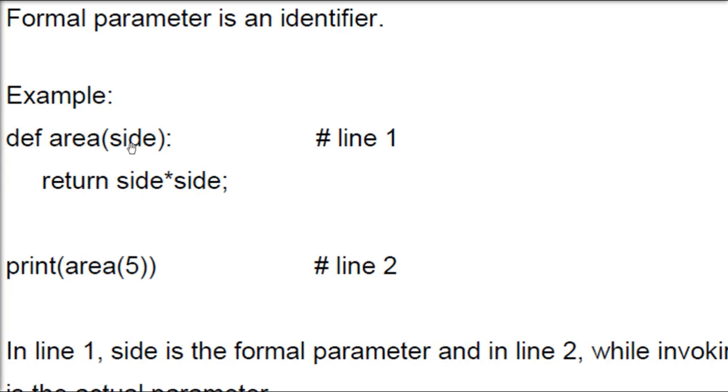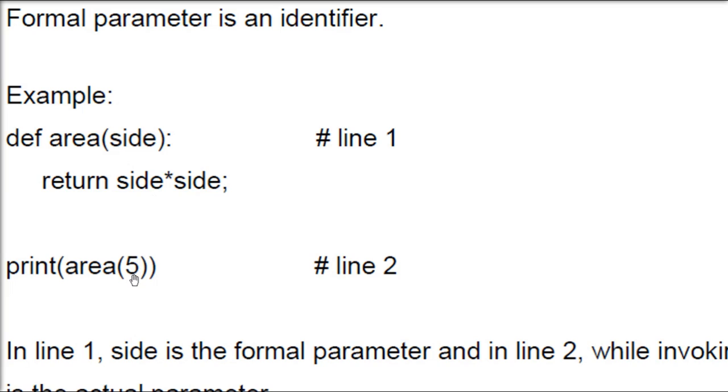This side is a word; it can be a variable, it can be an expression, but it is not being called. When it is being called, you give some actual value.